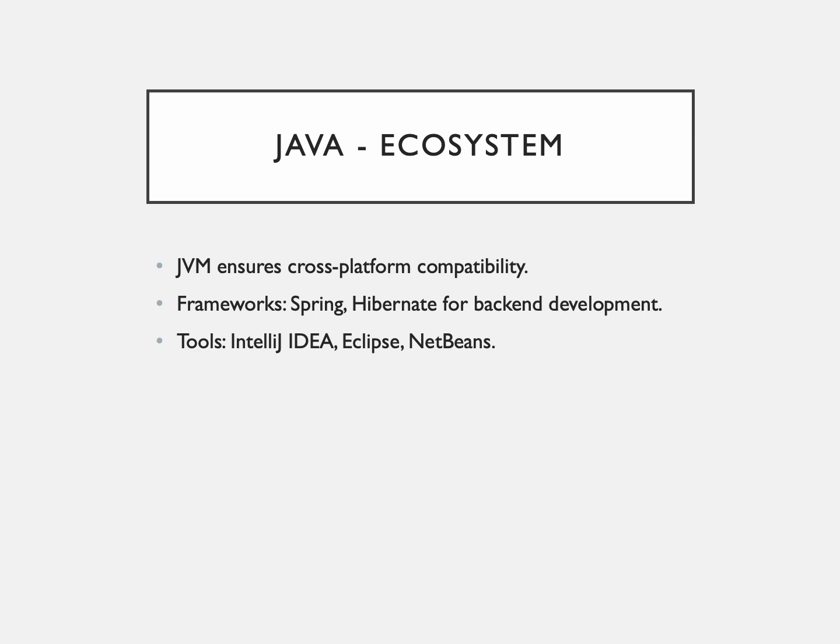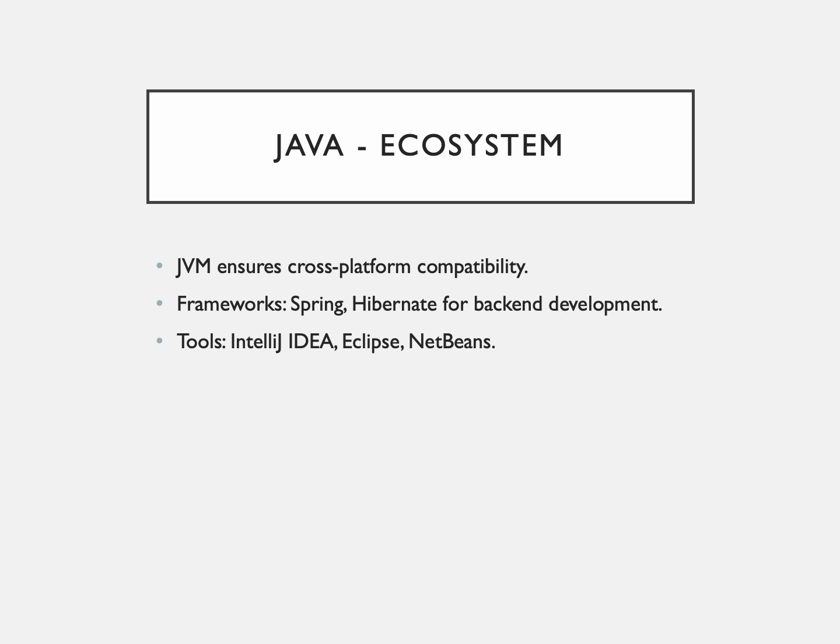At the heart of Java's ecosystem is the Java Virtual Machine. The Java Virtual Machine ensures cross-platform compatibility, one of Java's greatest strengths. By compiling Java code into bytecode, the JVM allows programs to run on any device or operating system where the JVM is installed.